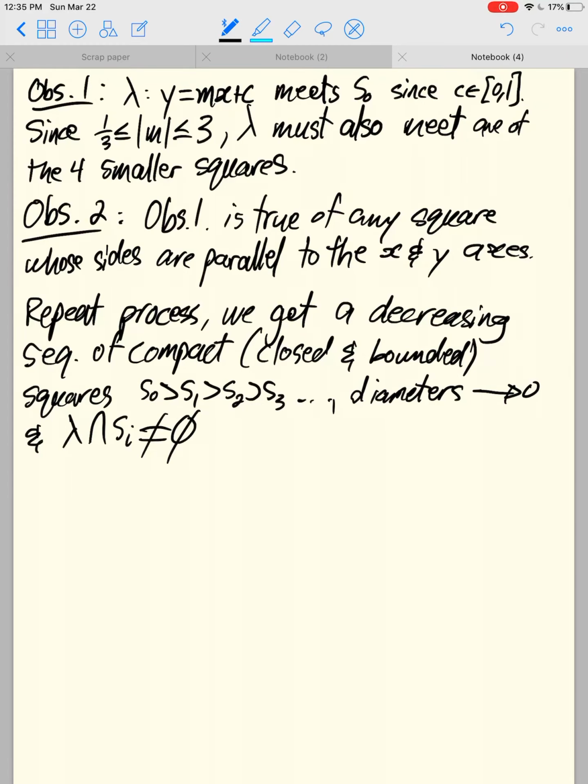So as we repeat this process infinitely, there's a theorem called the Cantor intersection theorem.